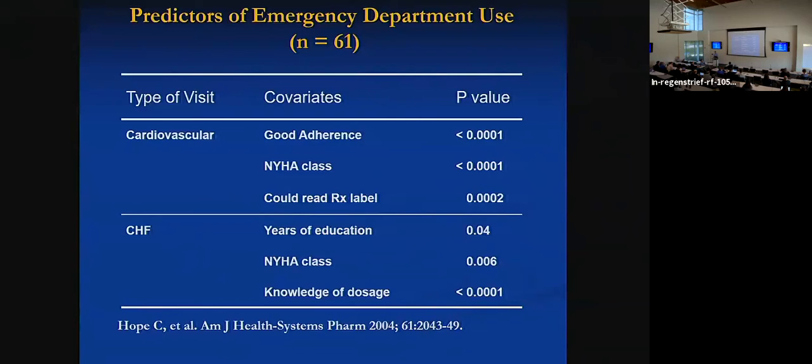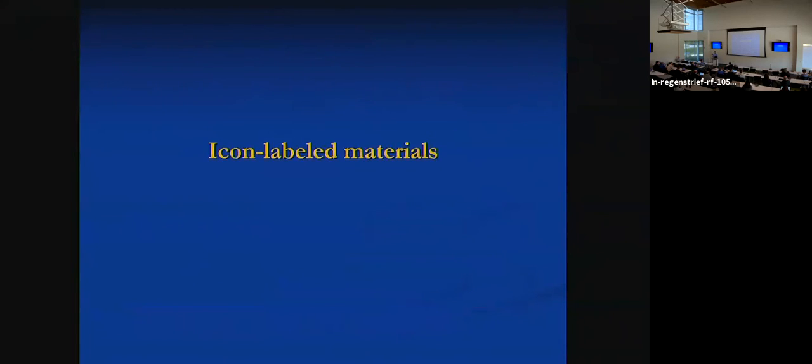And for heart failure itself, years of education, again, that has to do with health literacy, and knowledge of the dosage, which has to do with numeracy, were favorable predictors. And it was a smaller study.